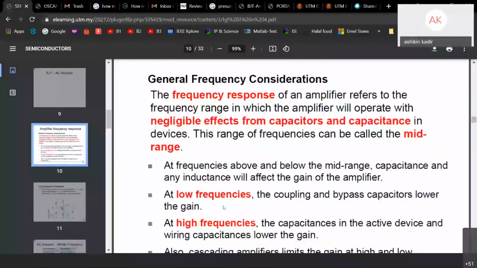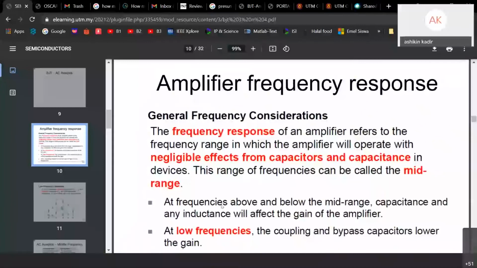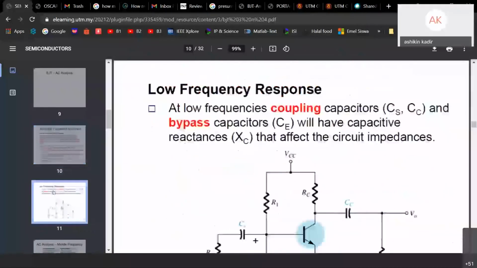So you can have 3 AC equivalent circuits using the hybrid pi model: first is mid range, then low frequency, and also high frequencies. During low frequency, you need to draw the AC equivalent circuit with the coupling and bypass capacitors. During high frequencies, you need to draw the capacitance in the active device, meaning the capacitance inside the BJT.